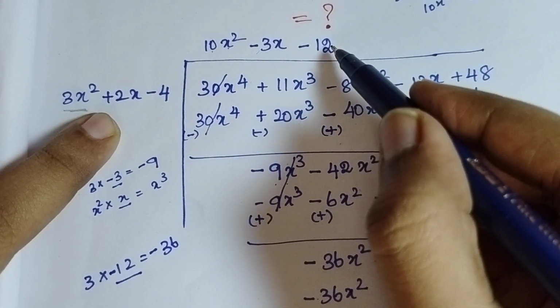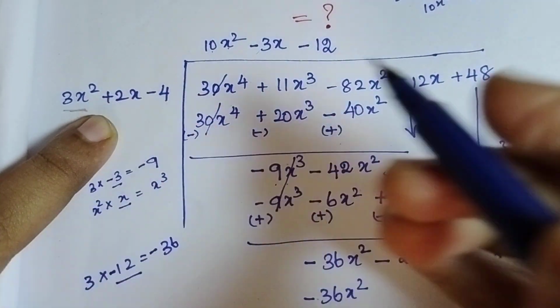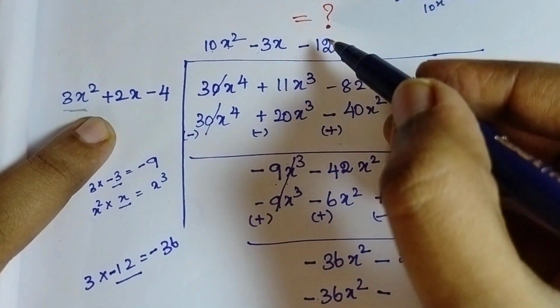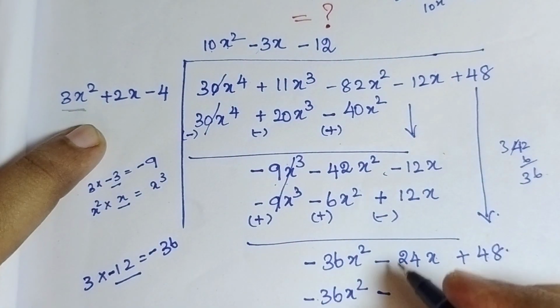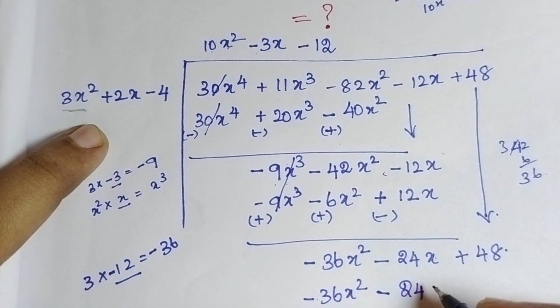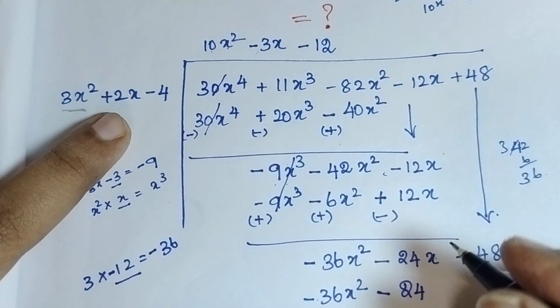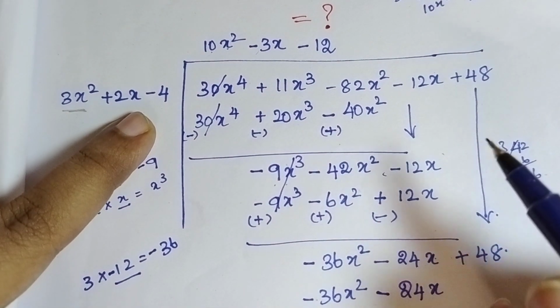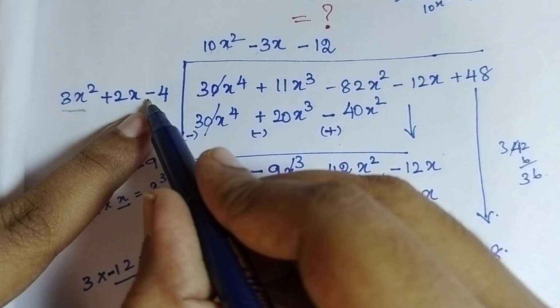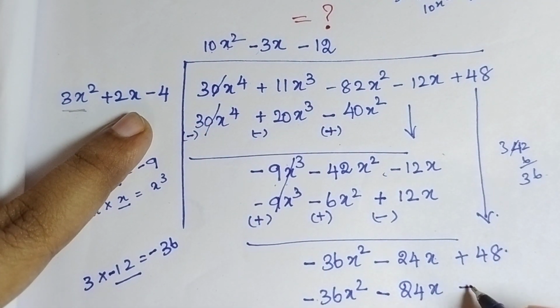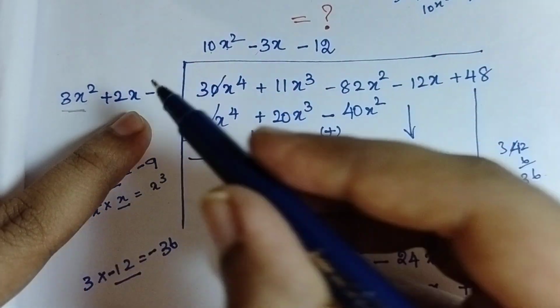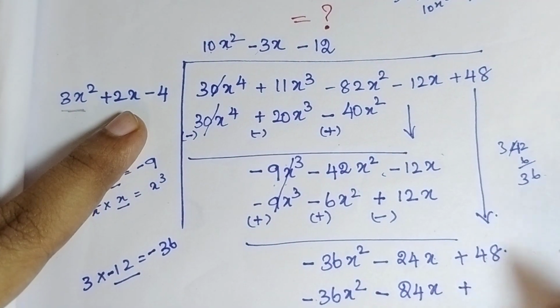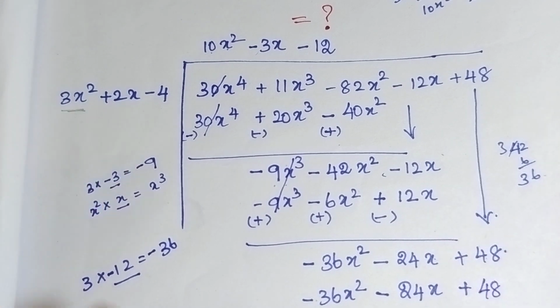Similarly minus 12, here minus into plus, minus 12 into 2, 24. Here x is there, so nothing else is there, so I write x as it is. Okay. For this minus into minus what? Plus 12 into 4 what? 48.